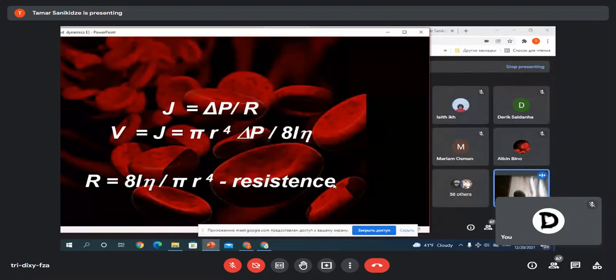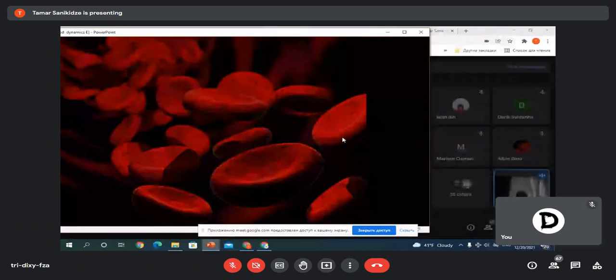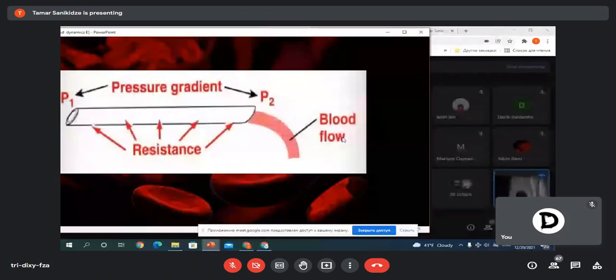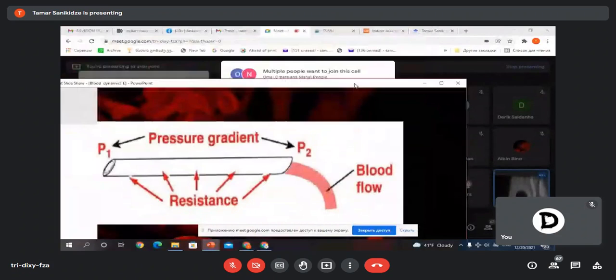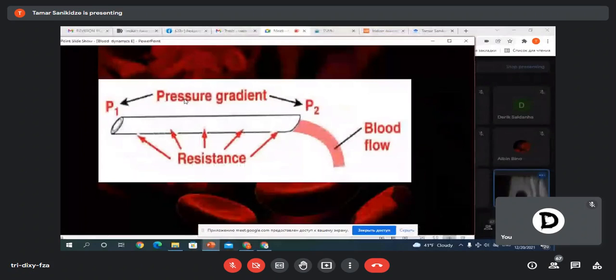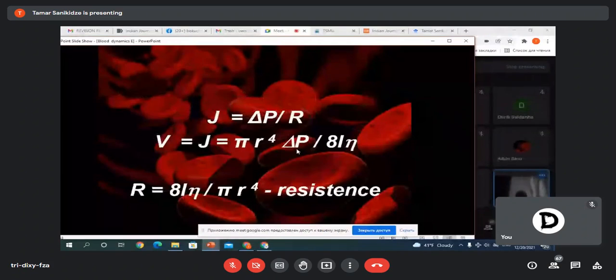As you see, I repeat, this is the Poiseuille formula, and the parameter which determines the intensity of the flow can be divided on two segments. They are the delta P, the difference of the pressure between the beginning and end of the tube, and also the complex parameter, which includes R to the 4th power, 8 L eta, and which is known as a resistance.